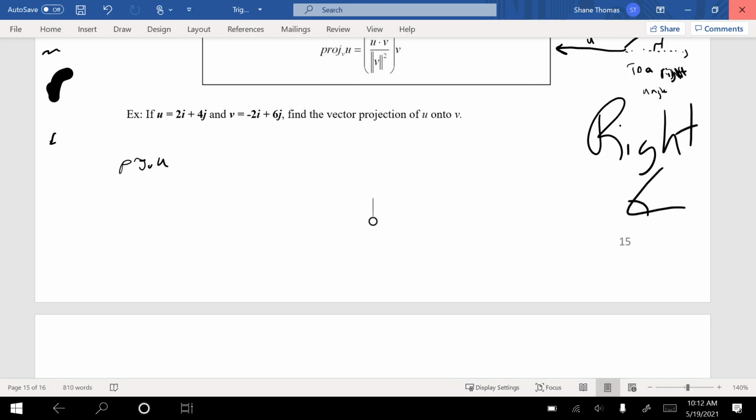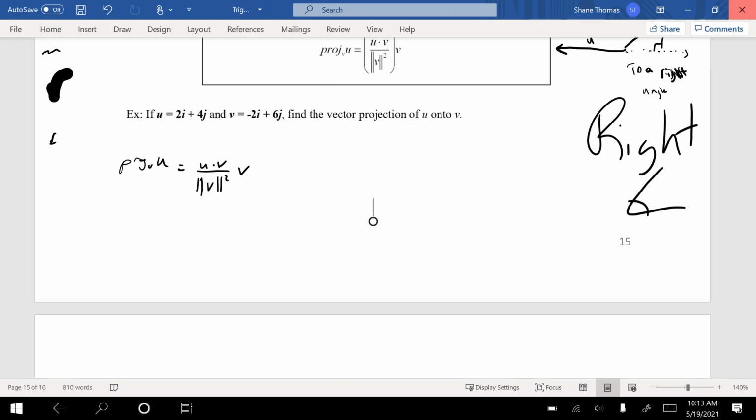So I have the dot product of U and V over the magnitude of V squared times vector V. What does it say on the left? Projection sub V of U. It says exactly this. Okay?